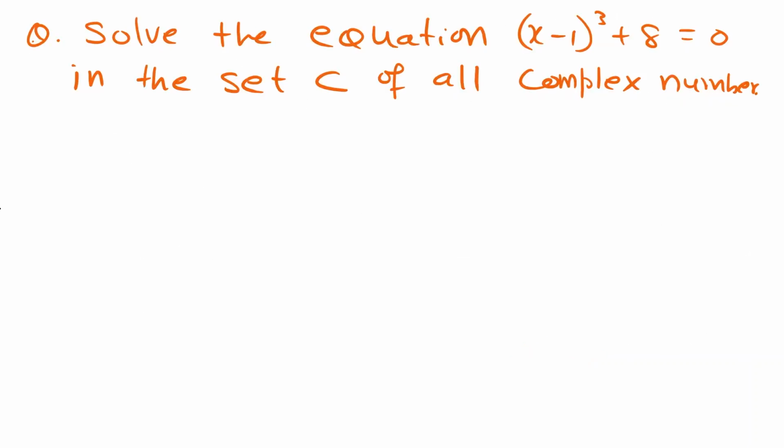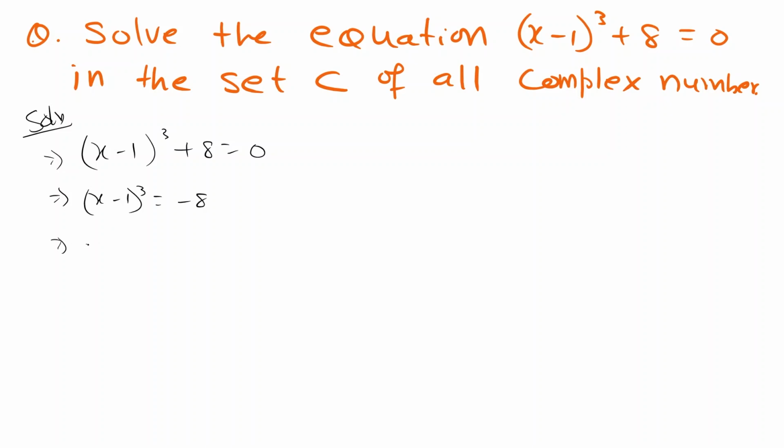Now there is a question. Let us solve this question. Solve the equation (x minus 1) to the power 3 plus 8 in the set C of all complex numbers. Set C means what? C means complex numbers, right? So (x minus 1) to the power 3 plus 8 is equal to 0. So we can write here (x minus 1) to the power 3 is equal to minus 8.